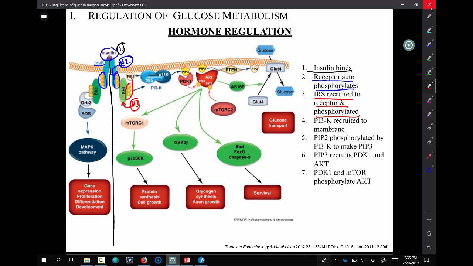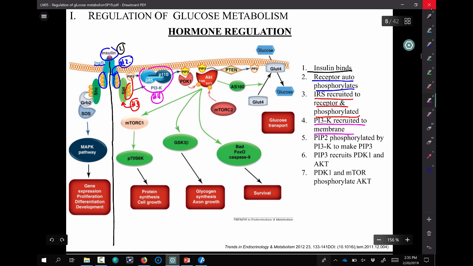Now here's where it becomes real fun. We get some more abbreviations. Step number 4. Something called PI3 kinase is recruited to the membrane. Here's PI3 kinase. So this is step number 4.